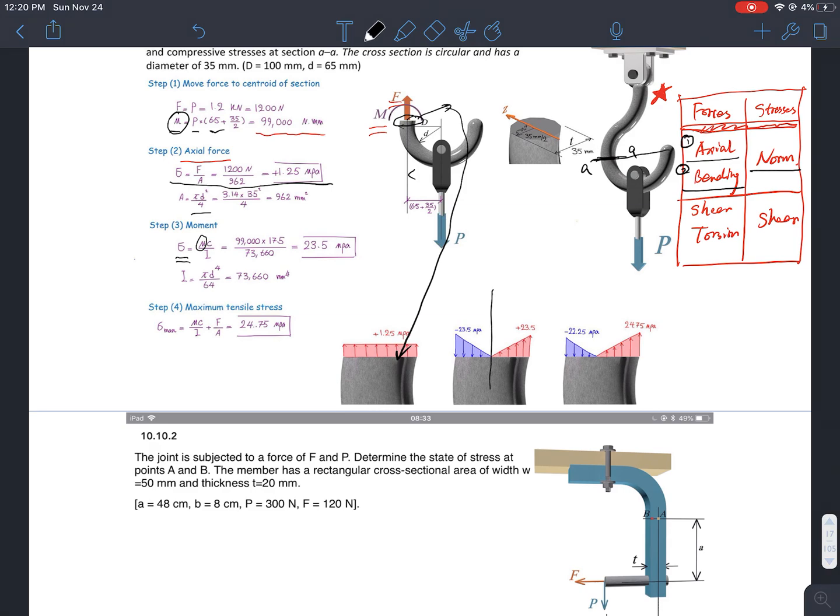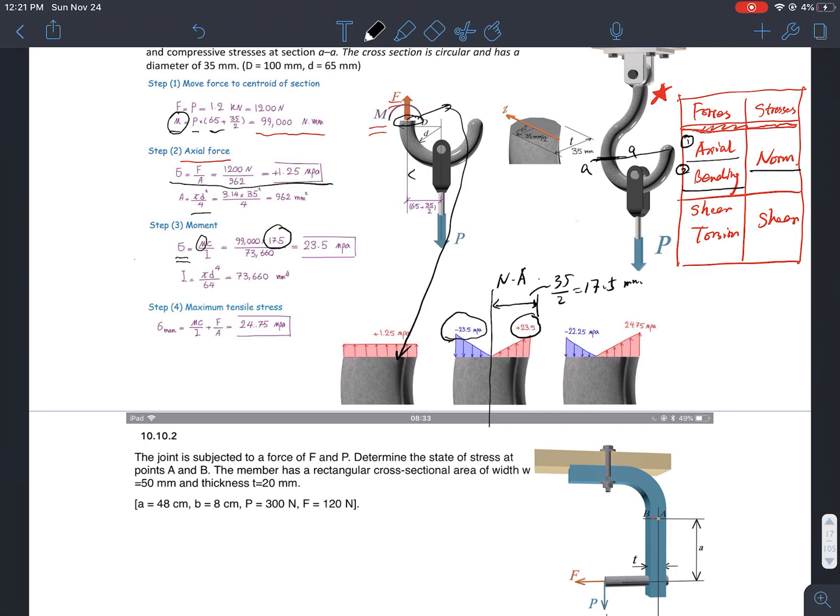This is basically the central neutral axis. Of course, I have a negative compressive stress and a positive tensile stress on each side. Distance c is basically half of the section here, so this is 35 divided by 2, equal to 17.5 millimeter.